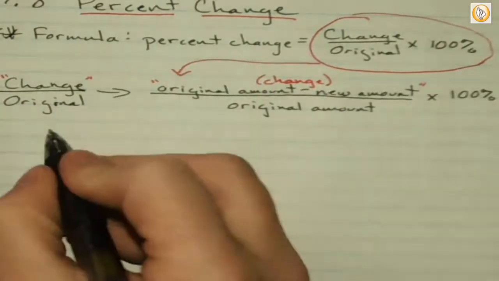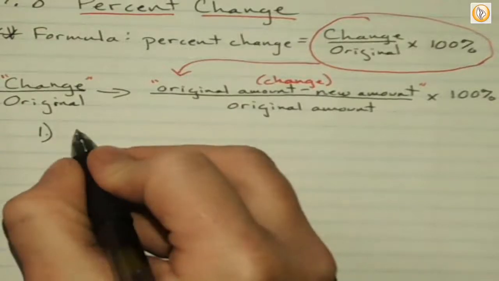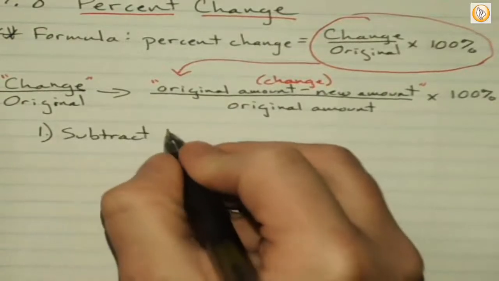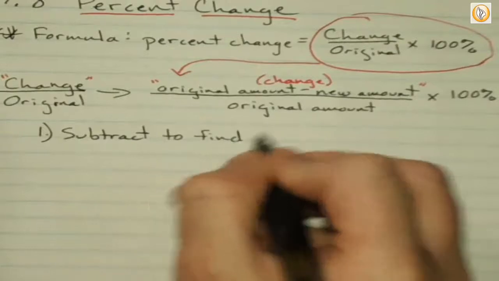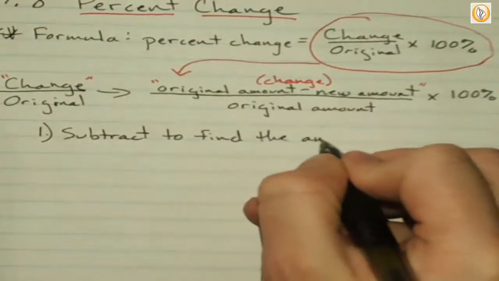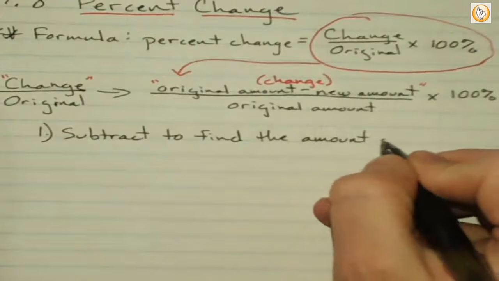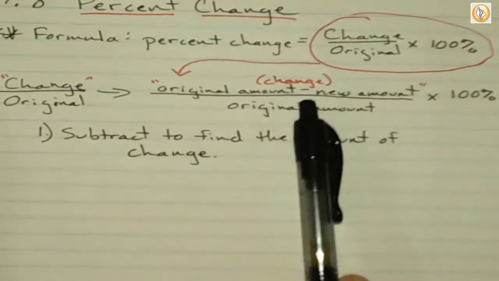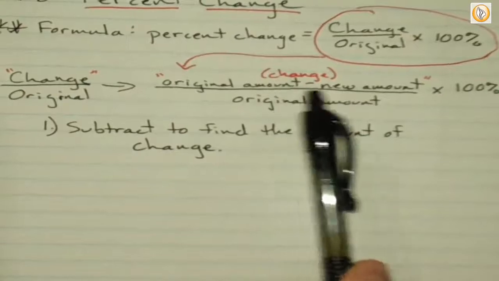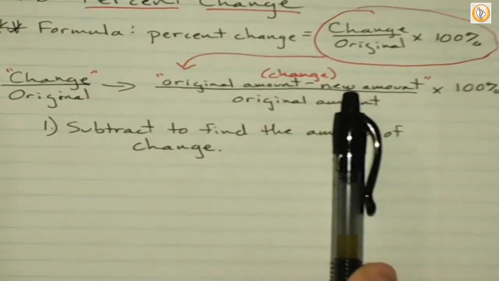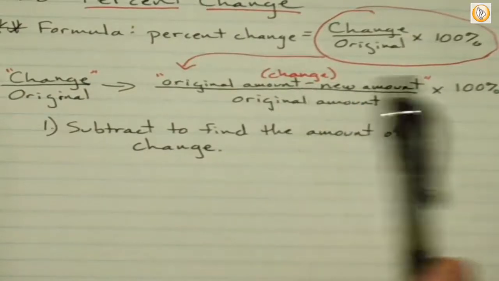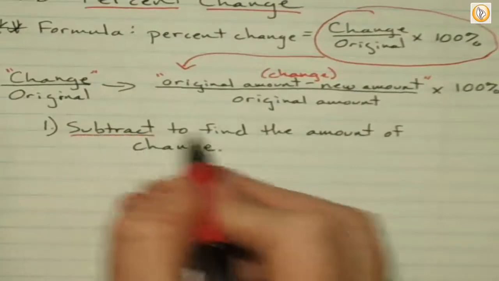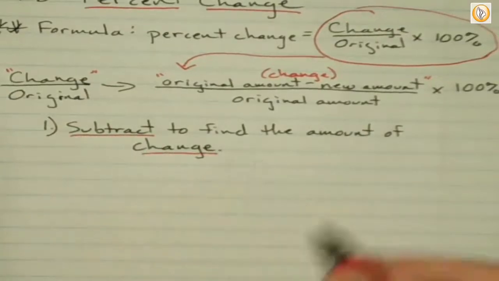So the steps: subtract to find the amount of change. So you're going to subtract the original amount and the new amount to give you the change. So you're going to subtract to find the change.